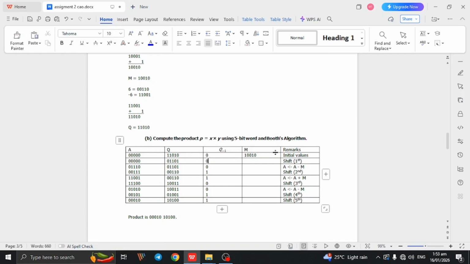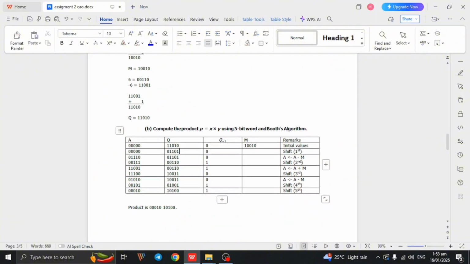So using Booth's algorithm, we shift the number to the right. That's for the first cycle.